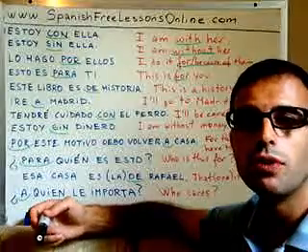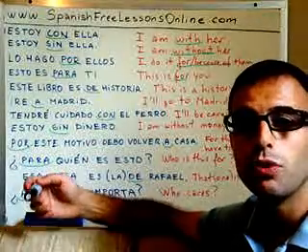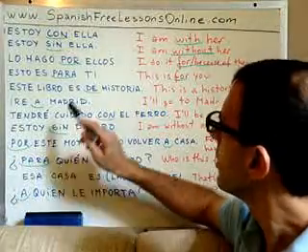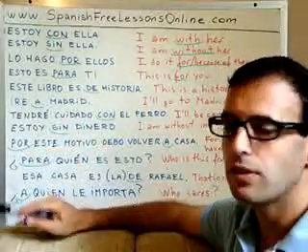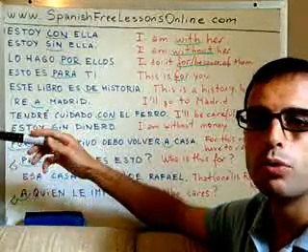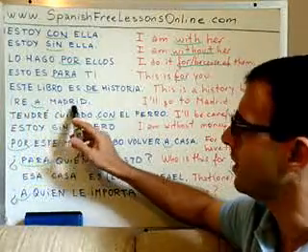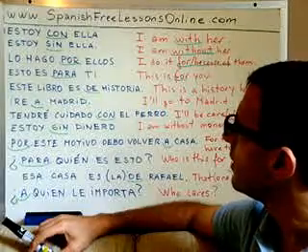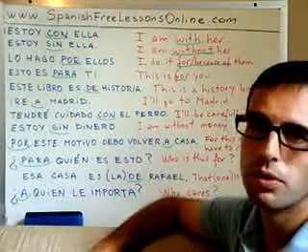While in English you would say this is somebody's, in Spanish you would say this is of somebody. So you say de. A means to. So I'm going to Madrid. Iré a Madrid.